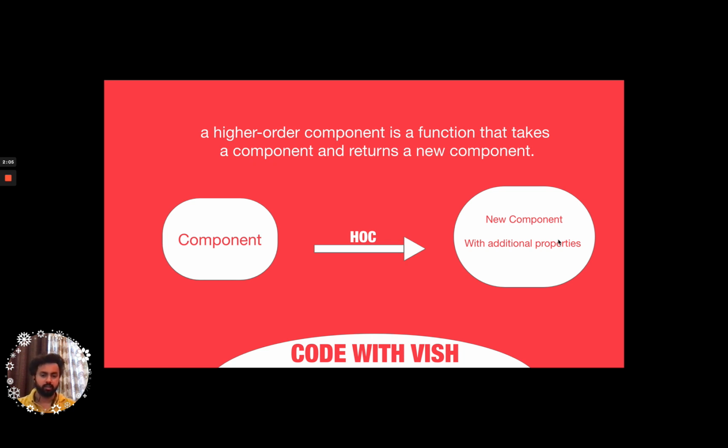So Redux connect is a good example which we are already using practically as a higher order component. So let's start a practical approach and see how we can create our own higher order component.